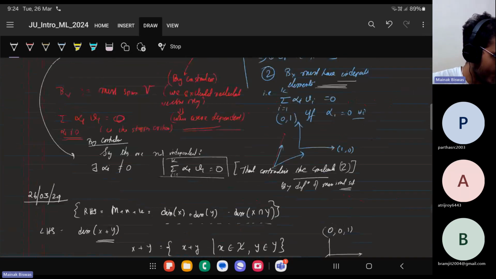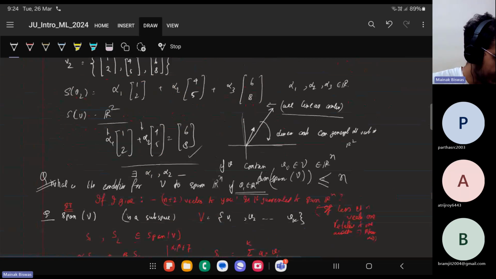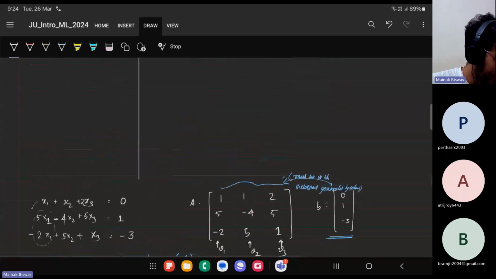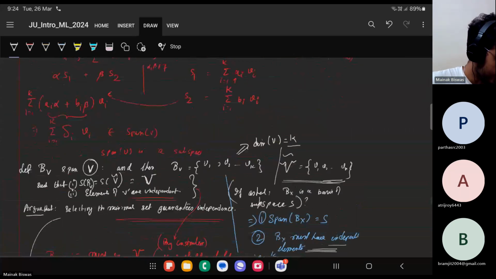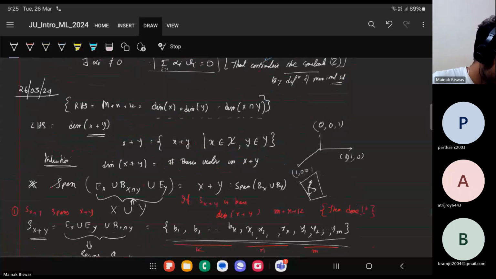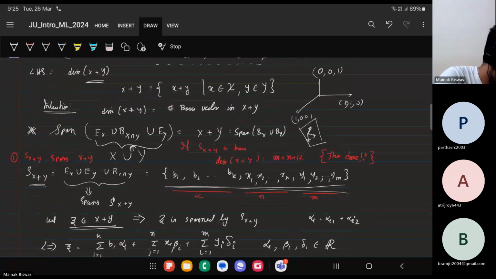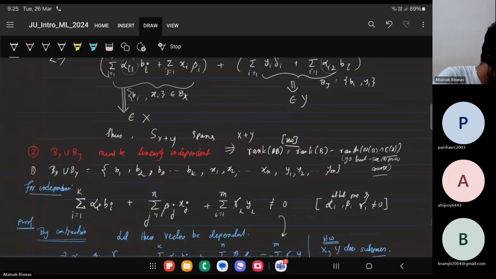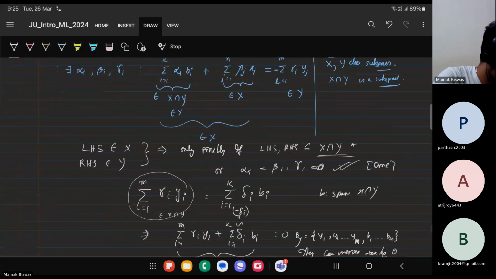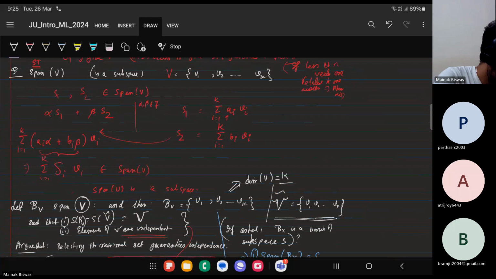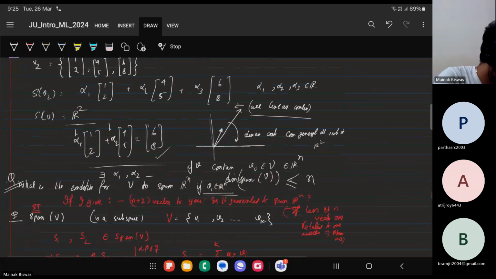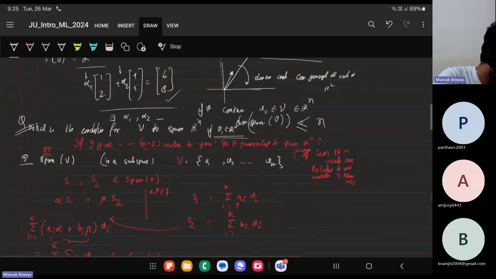Easy way to remember. I also forgot because I did not derive it. Where is it? I think I wrote it somewhere. Where did I write?